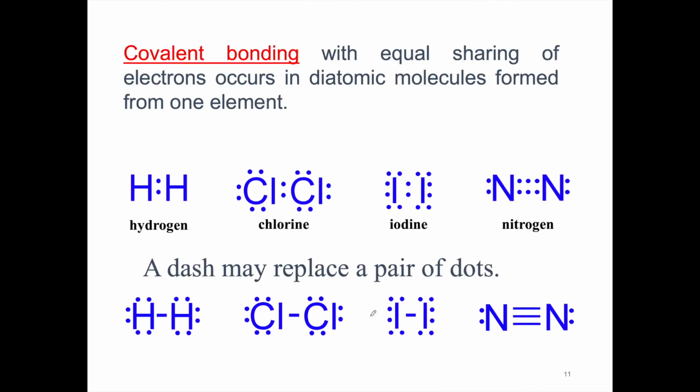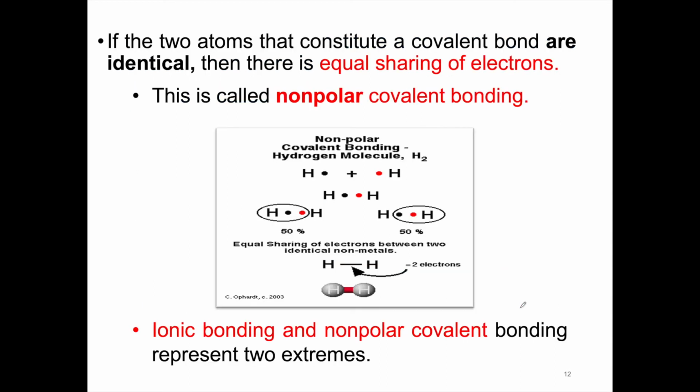Here we have 1 sigma. This is also 1 sigma because it is a single bond, while for the triple bond, we have 2 pi and 1 sigma bond. Then what happens if the two atoms that constitute a covalent bond are identical? We have equal sharing of electrons, and we call it a non-polar covalent bond.